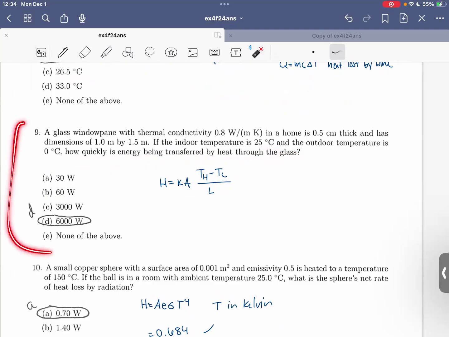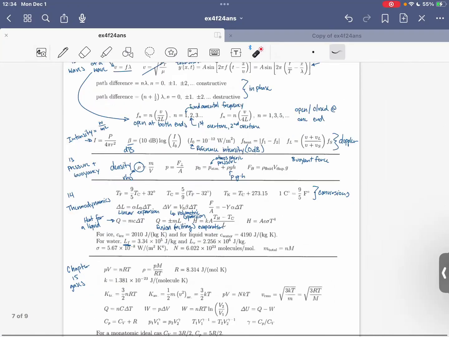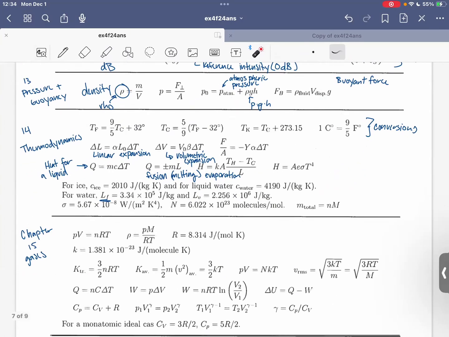But we'll look at how to apply that formula here. And then also we have this one, which is the emissivity of the heat. That equation we'll also take a look at in a problem. But these two, mostly you just plug stuff in, so they're relatively simple.